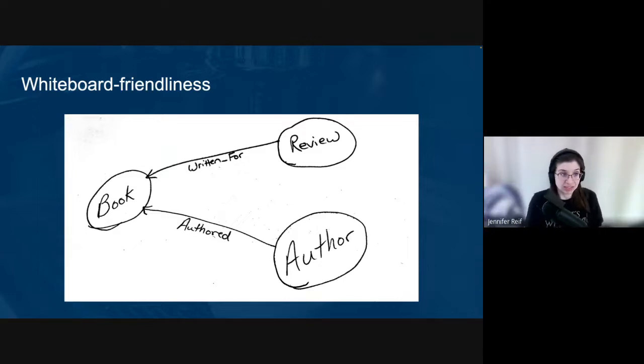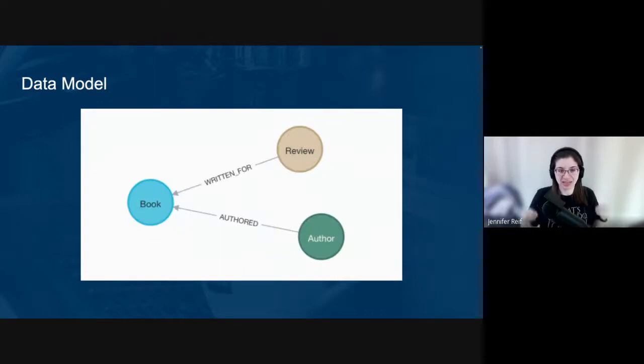And so let's take our book domain. We have reviews and we have authors. And then when we store that into Neo4j, this is what the data looks like inside Neo4j. Now, granted, it's memory. Neo4j uses memory pointers, so this is a visual representation of what's there. But this is actually how the data is stored at the physical level.